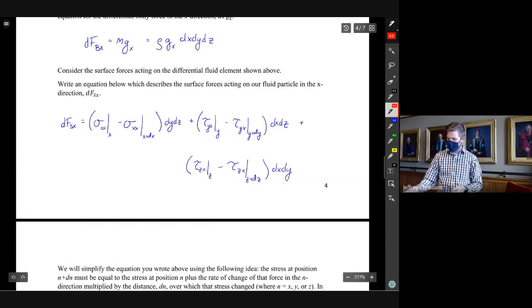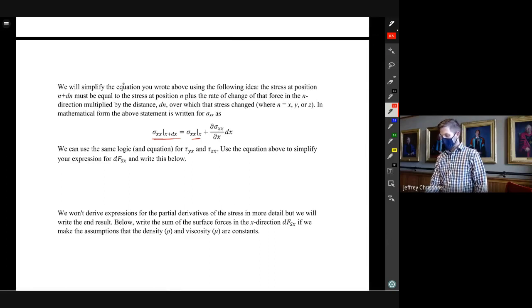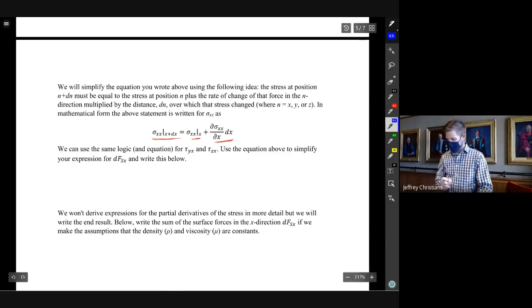So we're going to write it in a kind of weird differential notation, where the value on the right side equals the value on the left side plus how much it changed. That differential is the rate of change times dx, which is the distance over which you change, the distance from the left side to the right side. It's kind of a weird way to write it, but it will help us simplify things.